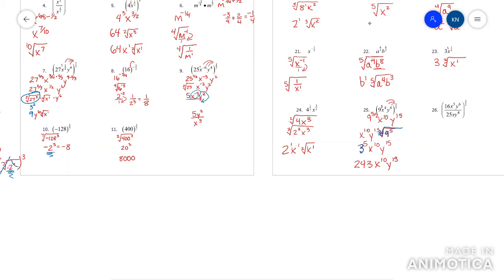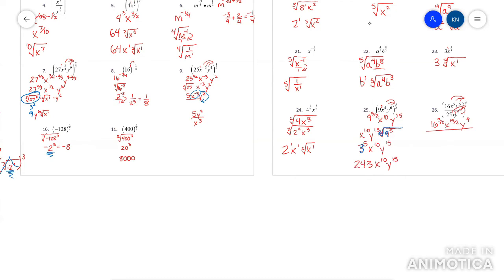And then this last one, okay, this one's kind of tricky. Everything is going to get the power to the power. So it's really like 16 to the 3 halves, x to the 15 halves. I'm multiplying 5 times 3 halves. y to the 6 times 3 halves is 9.